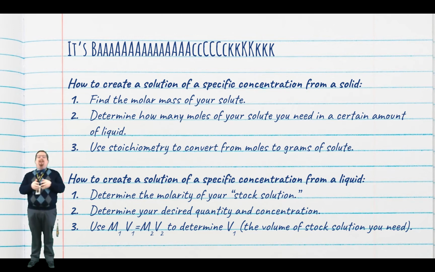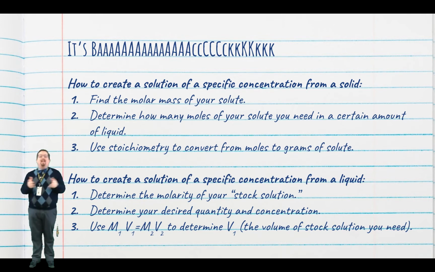M stands for molarity here, and V stands for volume. So you plug your stock concentration into M1, your desired concentration into M2, and your desired volume into V2, and then you solve for V1. This tells you how much of your stock solution you need to pull out and add to water until you get to your desired volume of solution.